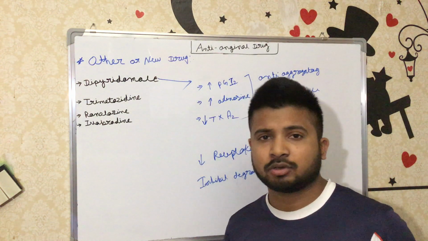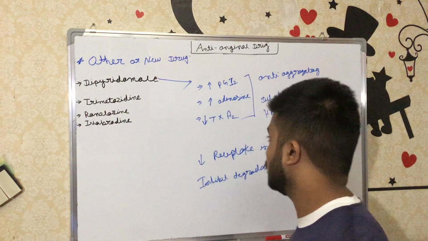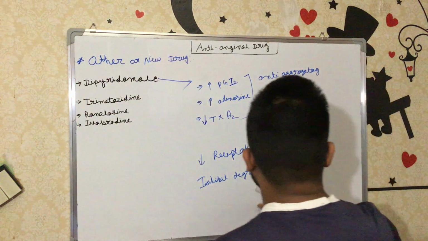But there is one bad thing about dipyridamole, which is why nowadays we don't use it as an anti-anginal drug. What is the bad thing? Let's discuss.